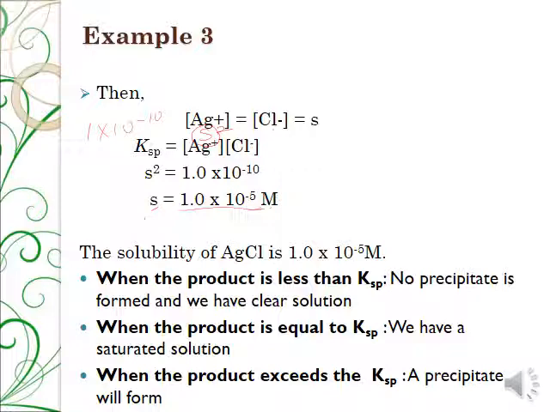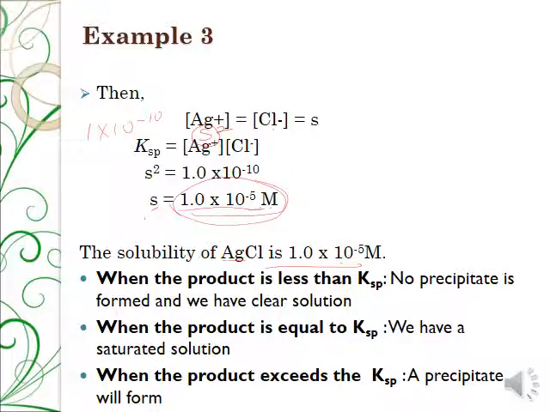So we have solved the first part of the question, which is the concentration of each silver and chloride ion. Next, what is the molar solubility? The molar solubility of silver chloride is represented by the concentration of an individual ion, which is 1 times 10 power negative 5 molar. So we have solved the second question.